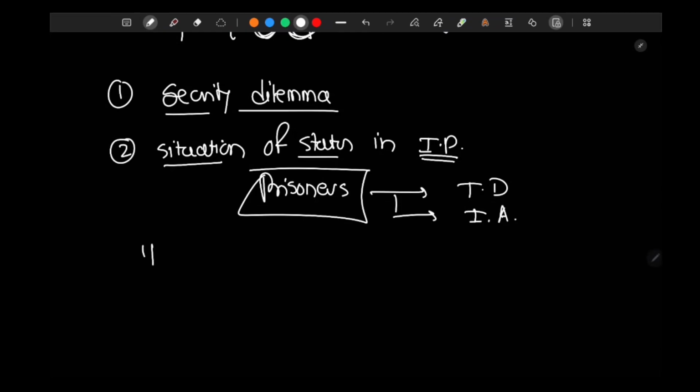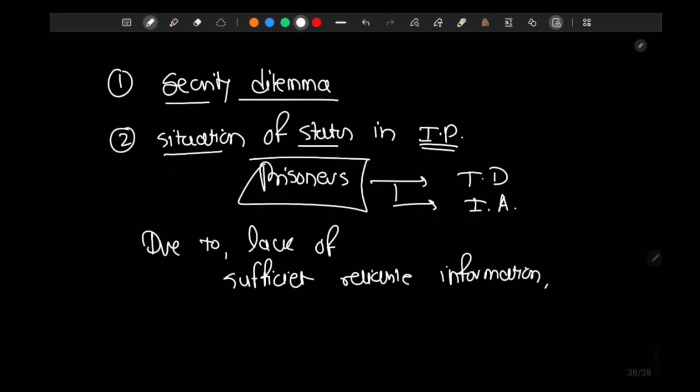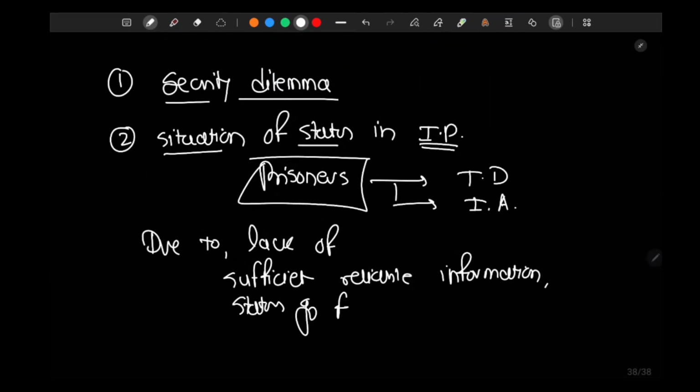Due to lack of sufficient reliable information, states go for avoiding the worst.